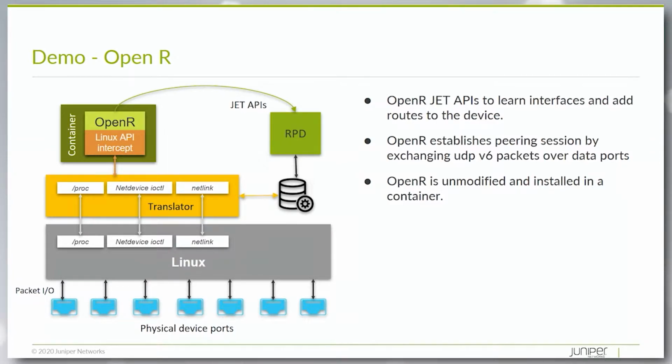OpenR, like most routing protocols, requires certain functions to be up for it to be operating successfully. It first needs to know the interfaces on which it has to run and discover neighbors. So it has to know the WAN interfaces or the PFE interfaces of the Junos Evolved system. Once it knows the interfaces, it will discover the neighbors on the interfaces.